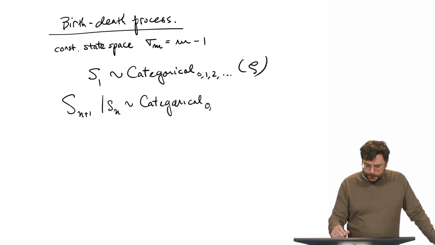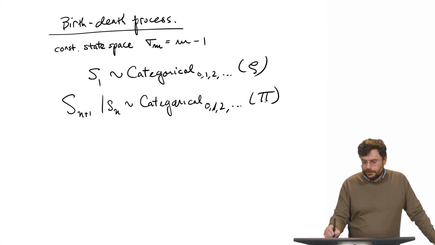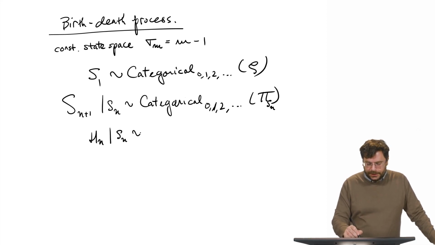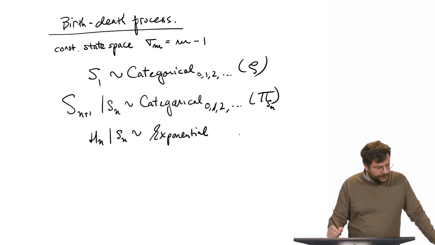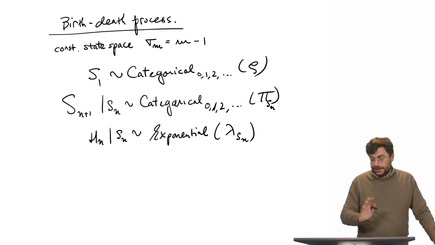Categorical, 0, 1, 2, with some matrix pi, Sn, which we'll turn to in just a second, and finally Hn conditioned on Sn, which will be sampled from an exponential distribution, which will depend on lambda Sn, just like we had it for the death rate.